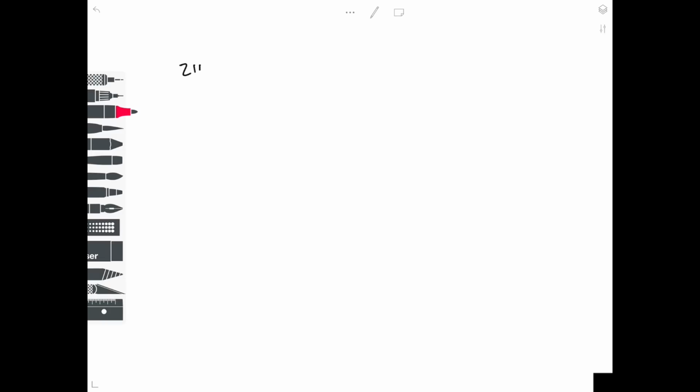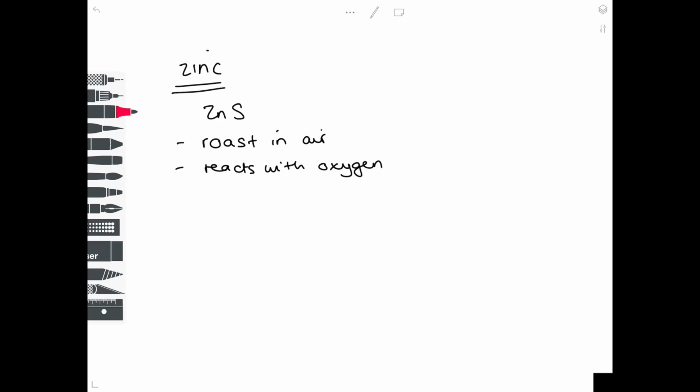So another very important metal now, which is zinc, and we get zinc out of the ground mainly as a compound which is zinc sulfide, and we have to roast this in air, which causes it to react with oxygen to form zinc oxide and sulfur dioxide.